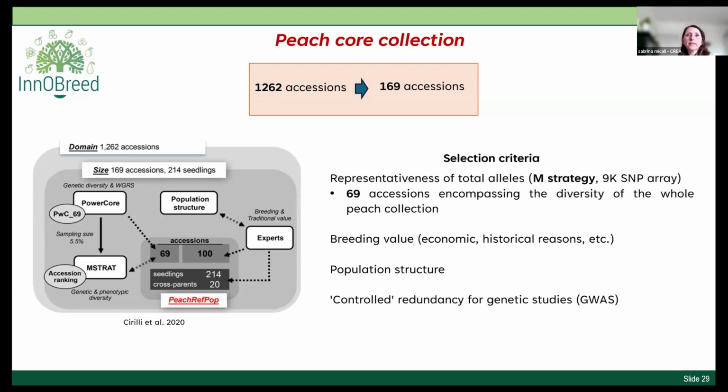And then we added 100 individuals, based on experts' evaluation of the breeding value, like economic, historical, traditional reasons. We also tried to conserve the population structure of the original collection. And we also added a controlled redundancy for reaching a more powerful significance in genetic studies.